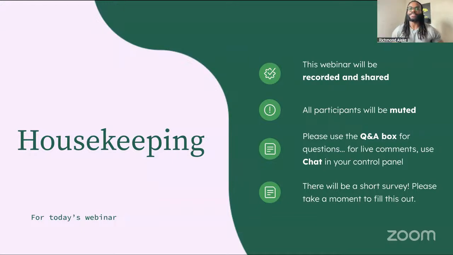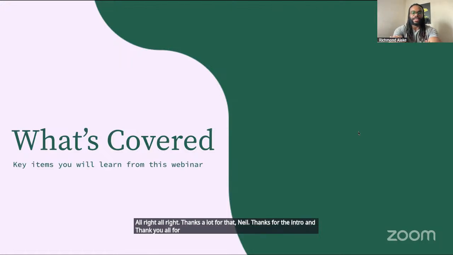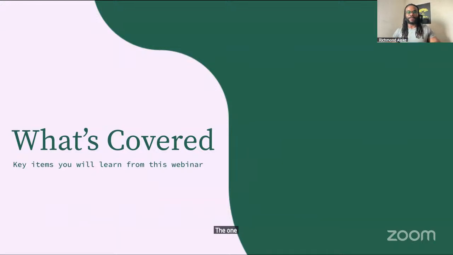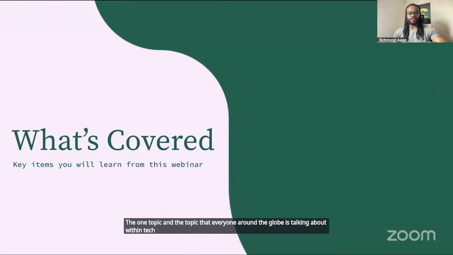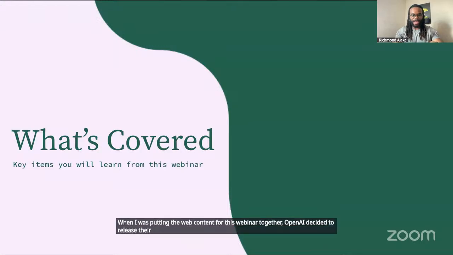All right. Thanks a lot for that, Nia. Thanks for the intro. And thank you all for joining me today to talk about AI agents and agentic systems, the one topic that everyone around the globe is talking about within tech. So today you guys are in for a treat, because when I was putting the content for this webinar together, OpenAI decided to release their SDK, the OpenAI Agent SDK.